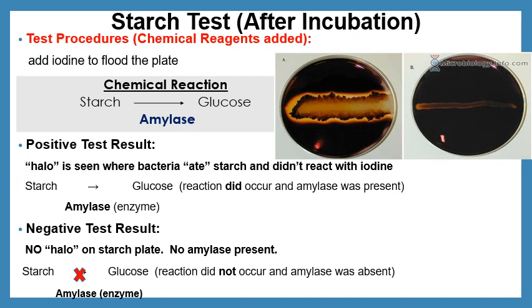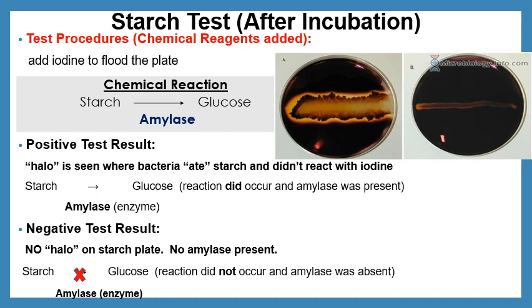After incubation, the bacterium has had time to grow. It should be noted that you might see growth on a starch positive or starch negative plate. What we're going to look at is the presence of amylase, which cannot be detected until iodine has been added to the plate.